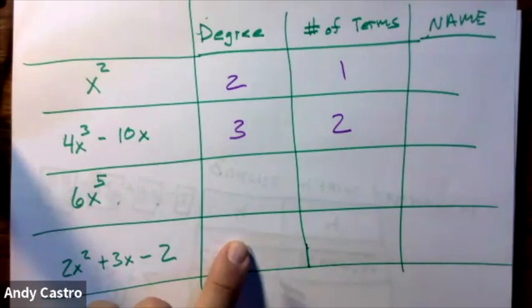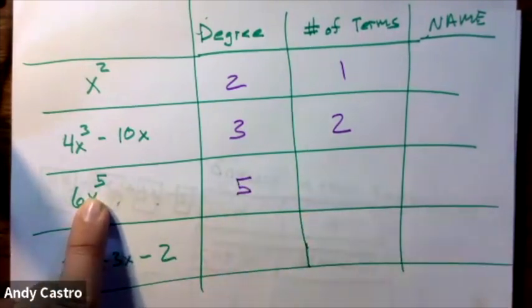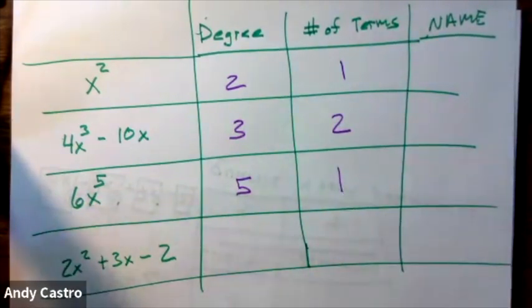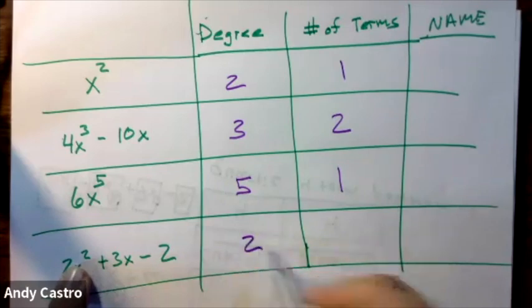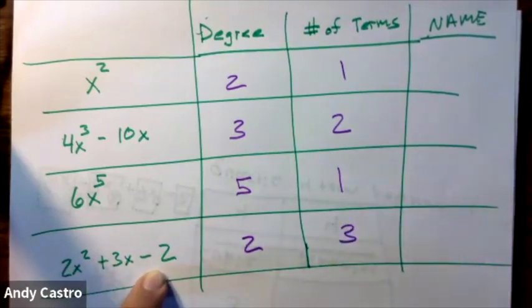All right, next one. Degree, 5. Number of terms, 1. And then the one down here, degree, 2. Number of terms, 3.